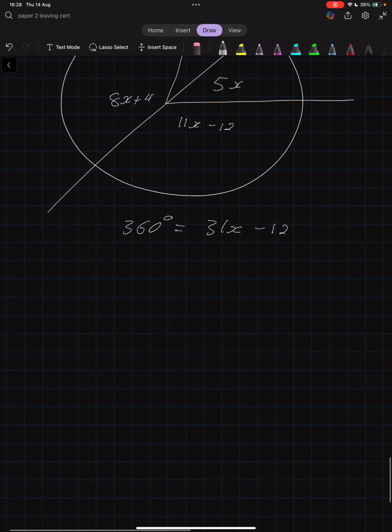So I get that 31x is equal to 372. So x is 372 divided by 31, which is 22, I think. Sorry, 12. Yeah, so x is equal to 12.